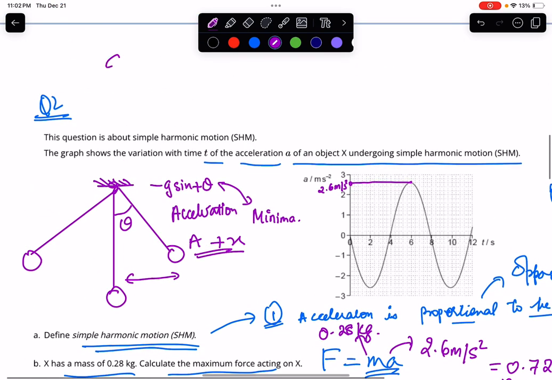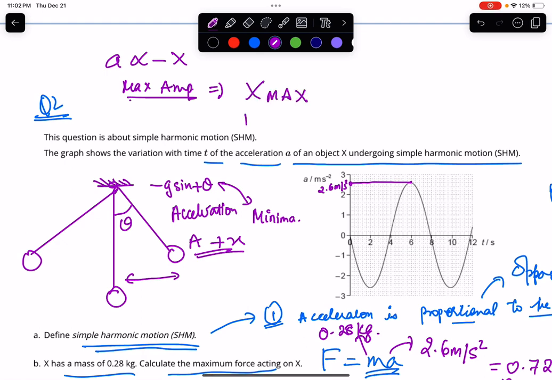So you can say acceleration is proportional to negative x, because at our max amplitude, we can clearly see that you have the maximum displacement in the x direction, but then you get the minimum acceleration.